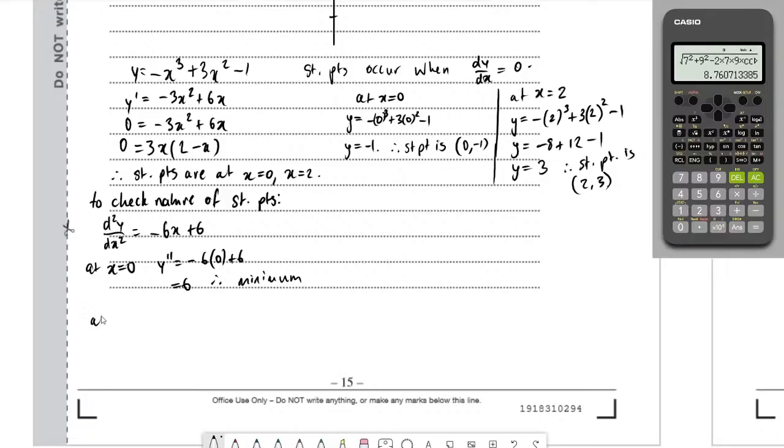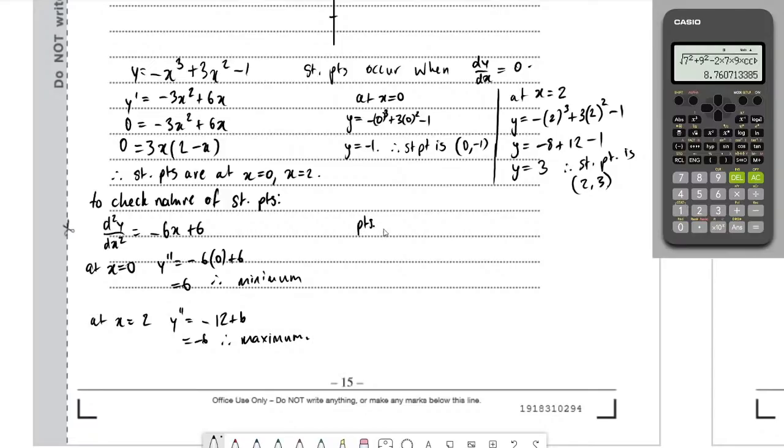And at x is equal to 2, my second derivative is equal to, what would this be equal to? Minus 6 times 2 plus 6, which is minus 6, so therefore it's a maximum.